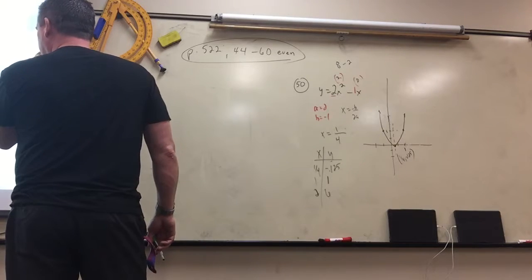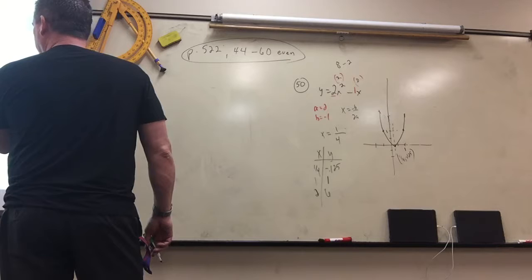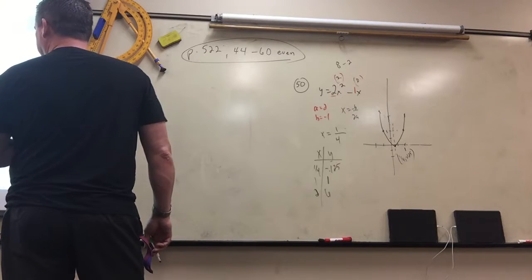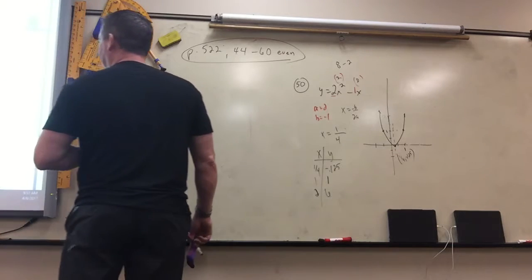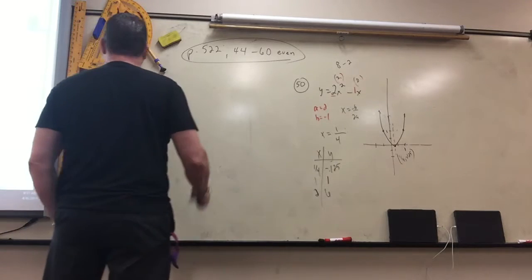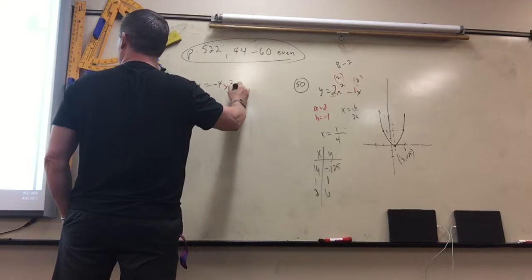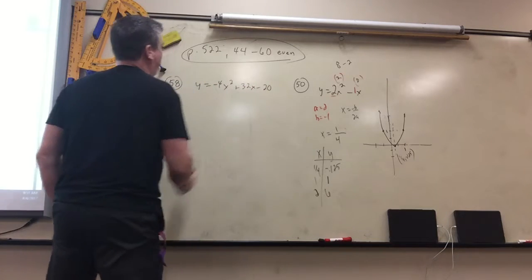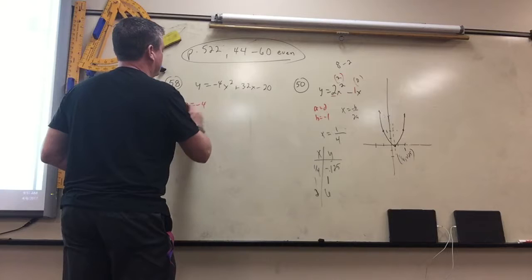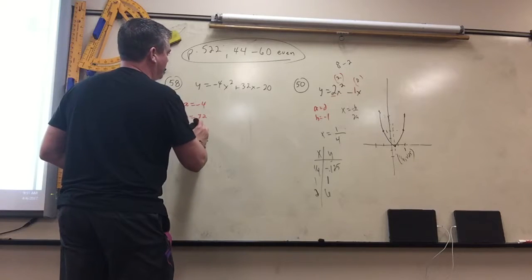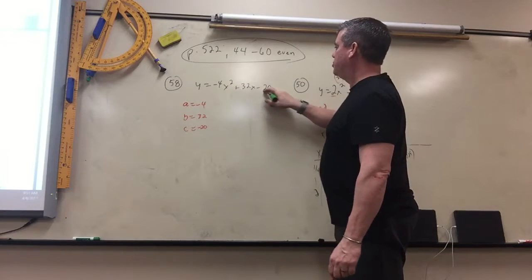Okay, one more, let's see, where's the fraction? 58 is not a fraction, but it's a big number one, so let's do that. So then you do it? Okay, so A is -4, B is 32, C is -20.